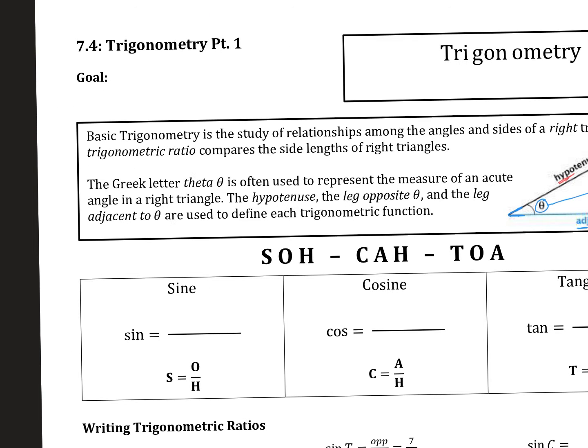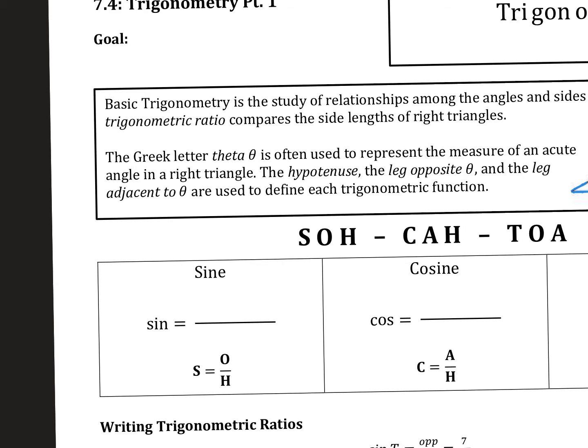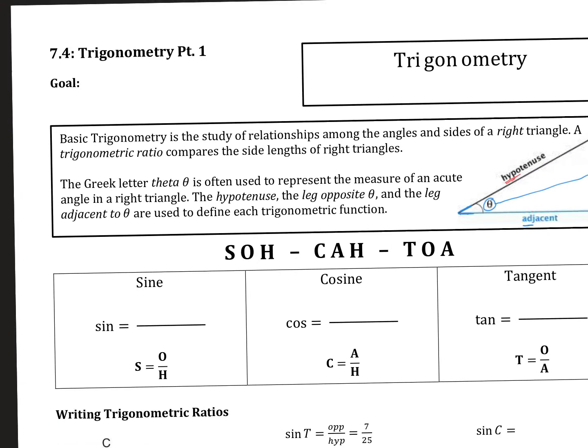The trig ratios, which create this acronym SOHCAHTOA, represent sine, cosine, and tangent. And all we're going to do is just match up the sides of those lengths to create these ratios.